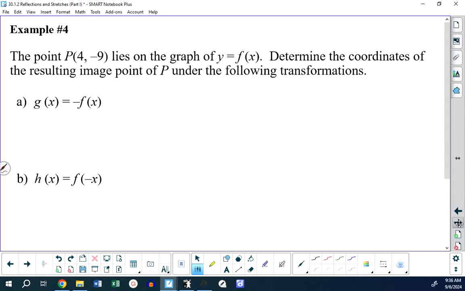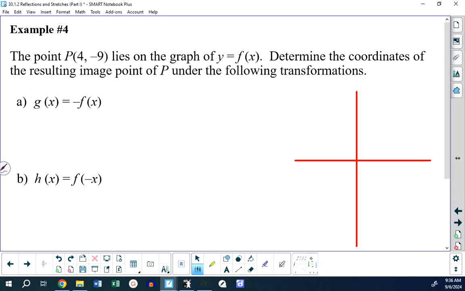We've got this point, 4 comma negative 9, and if you like, you can visualize where it is on a grid. You could even draw it on a grid if it helps you. Where will that point be on g of x if g of x is negative f of x? Well, it's a vertical reflection.